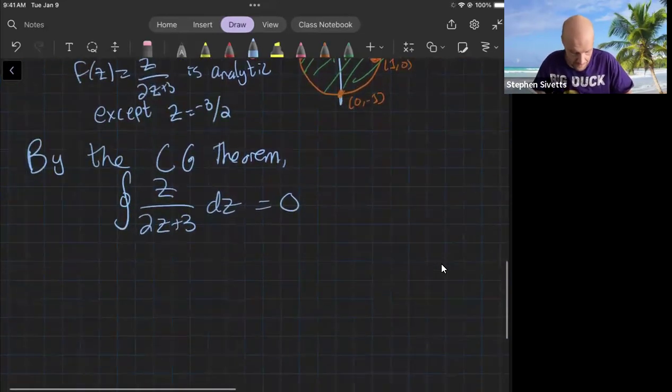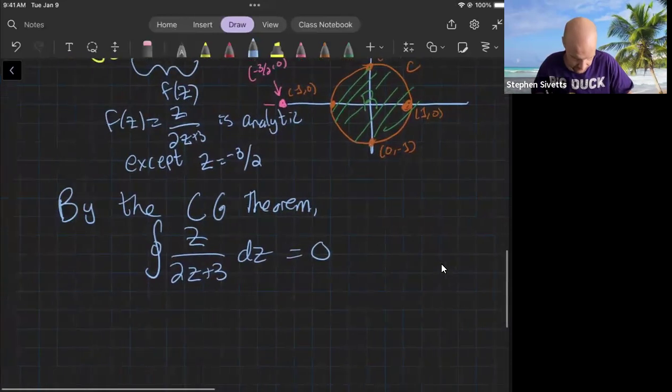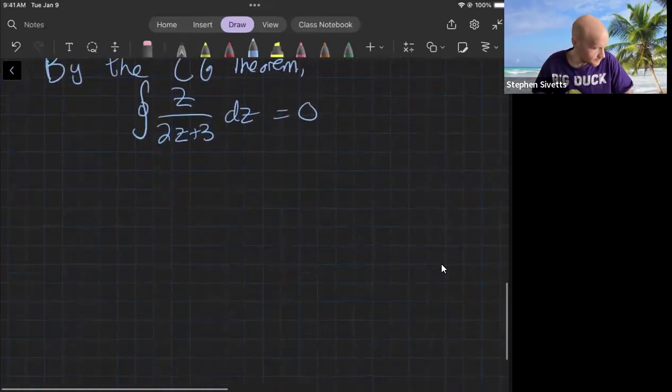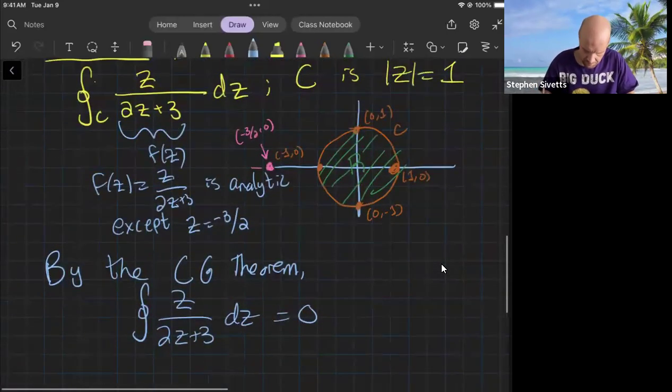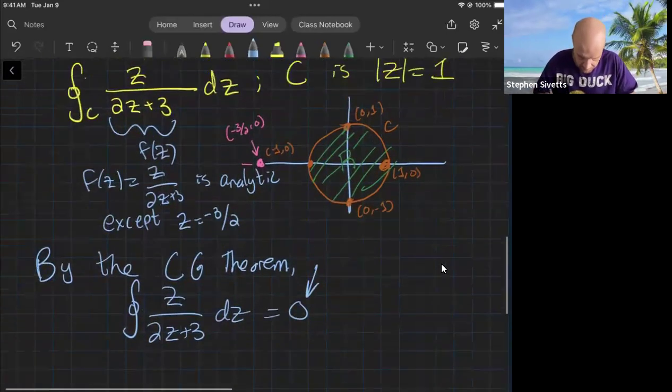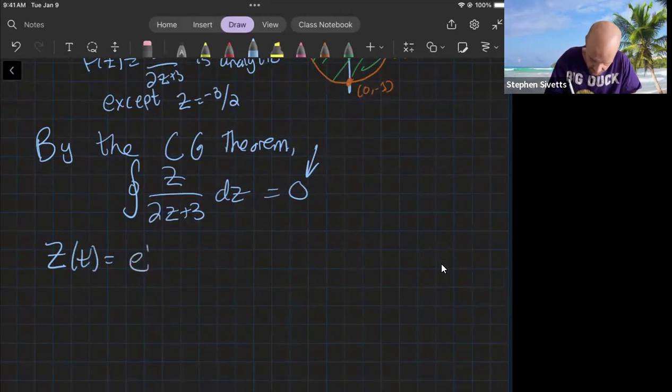It's that easy. You can also verify this equals 0 by brute force, using the parameterization e to the i t.